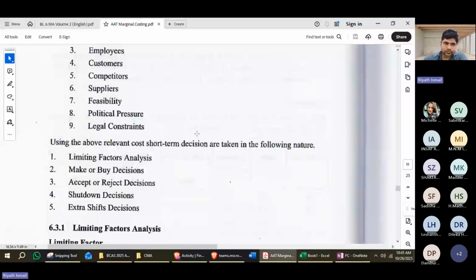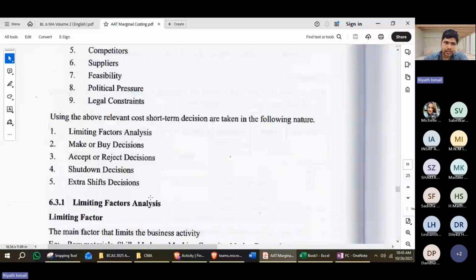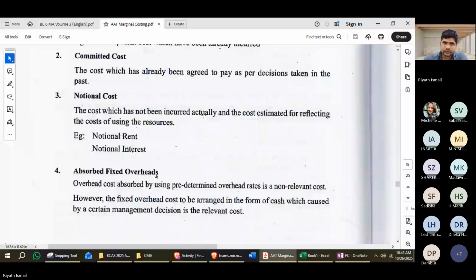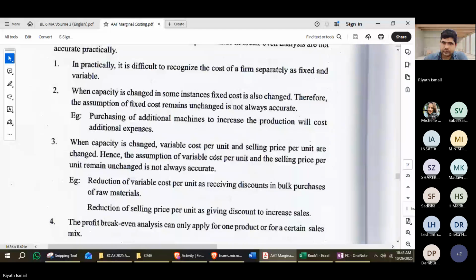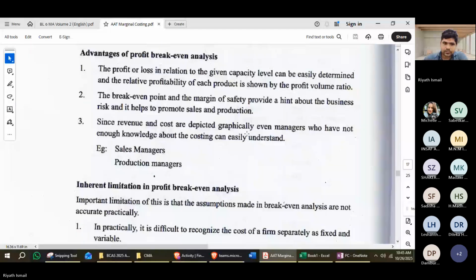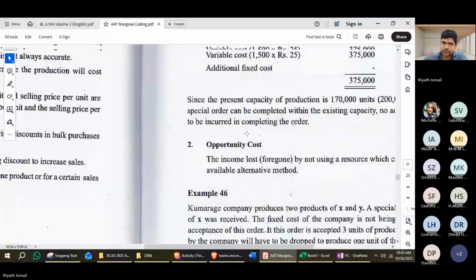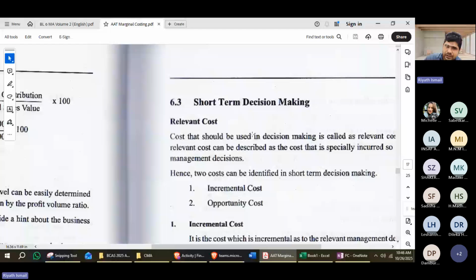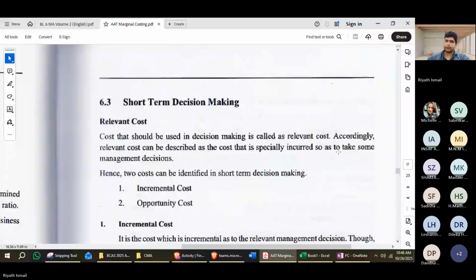Limiting factor analysis comes under short-term financial decision making.